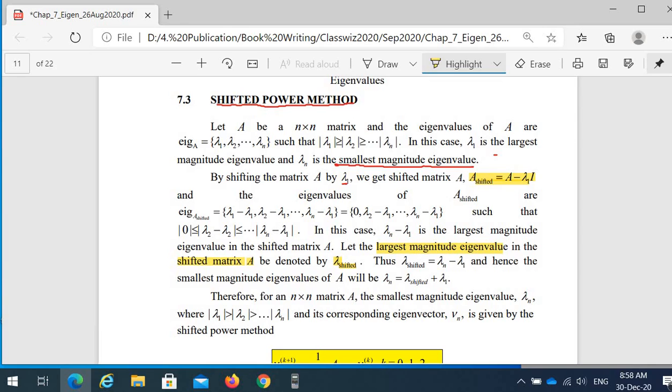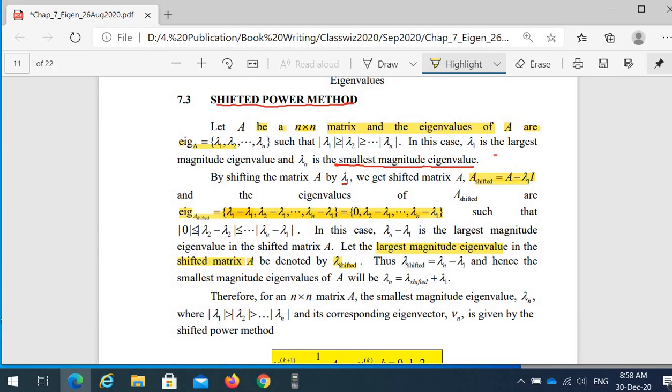The eigenvalues will also be shifted from the original. Matrix A has eigenvalues lambda 1, lambda 2, up to lambda n. After matrix A is shifted by lambda 1 units, its eigenvalues will also be shifted: lambda 1 minus lambda 1, so you get 0, lambda 2 minus lambda 1, and the last one will be lambda n minus lambda 1.